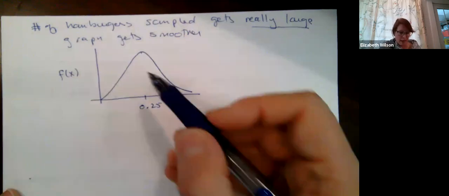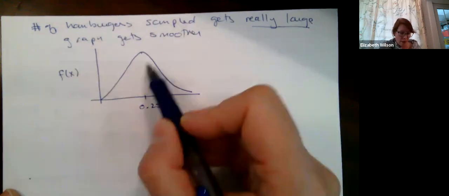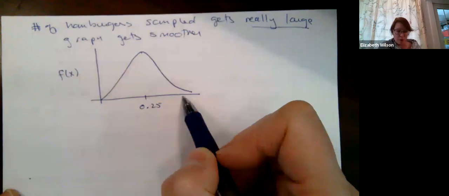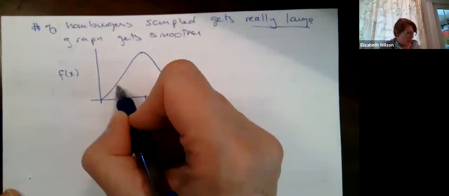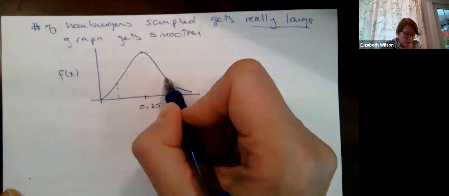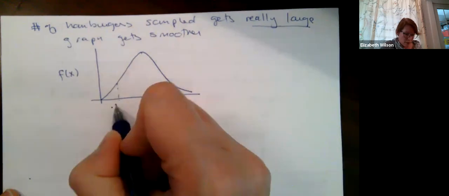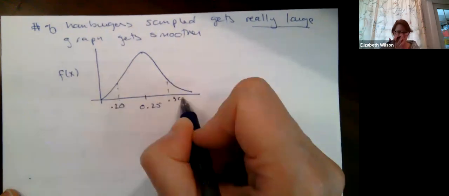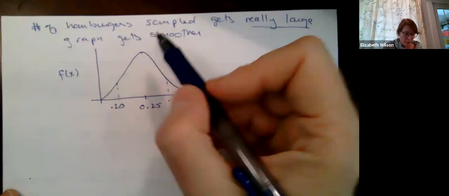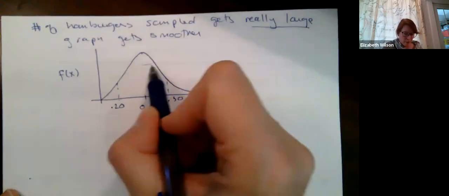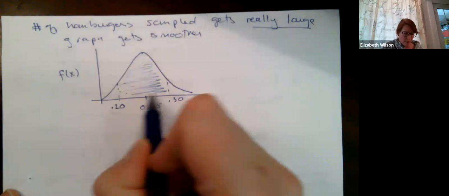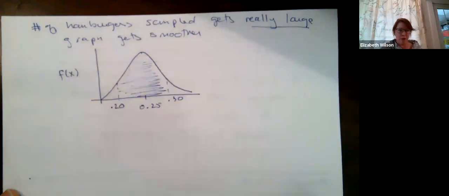As I get farther away from a quarter pound on either side, the probability drops off, okay? But basically I can say, let's box it in. So 0.2 to 0.3, what's the probability that the hamburger that we sample is within the range 0.2 pounds to 0.3 pounds, right?